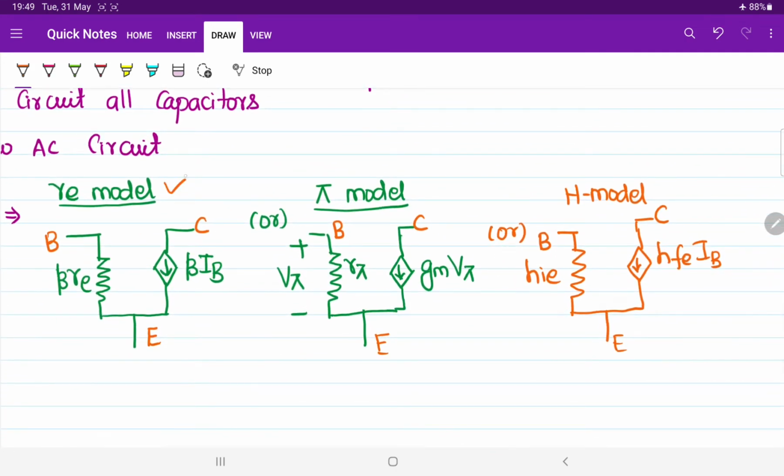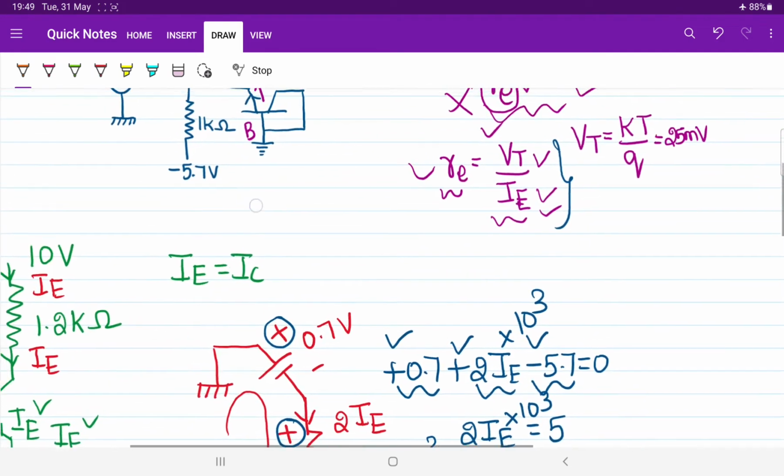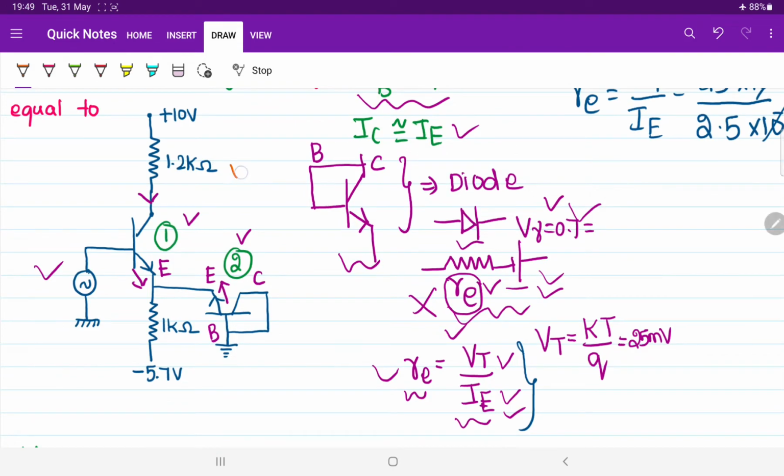Let us go ahead with the RE model. I said this is the famous model, right? So you can go up with this model. Take our transistor. Let me show you how to do this. So we have to take the transistor, short circuit all DC sources.